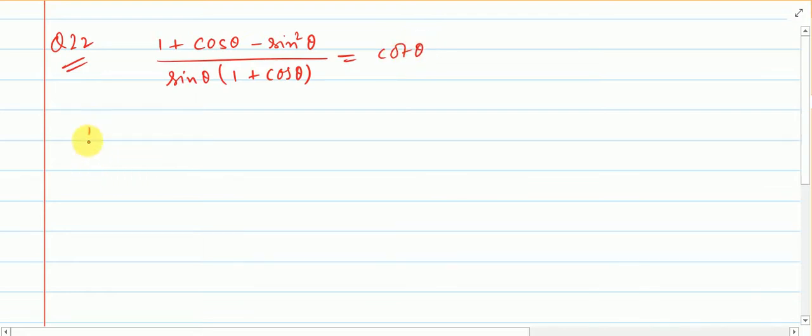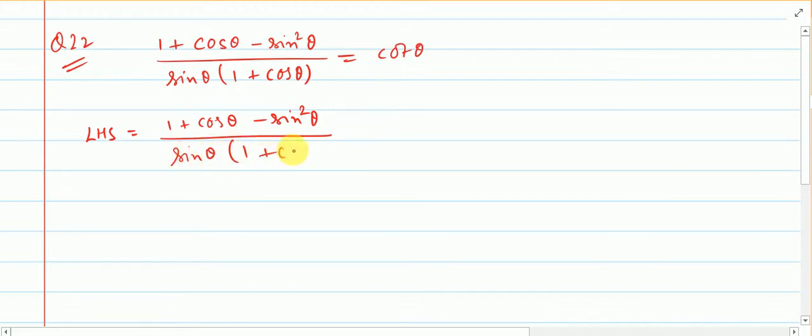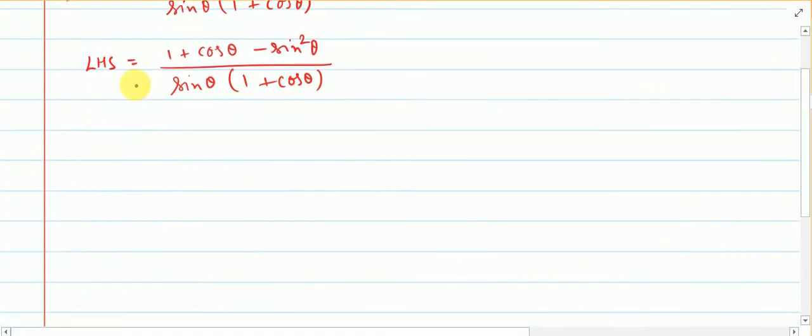So we will take the left hand side: (1 plus cos theta minus sine square theta) upon sine theta (1 plus cos theta). Now here you see that we have 1 and here we have minus sine square theta.